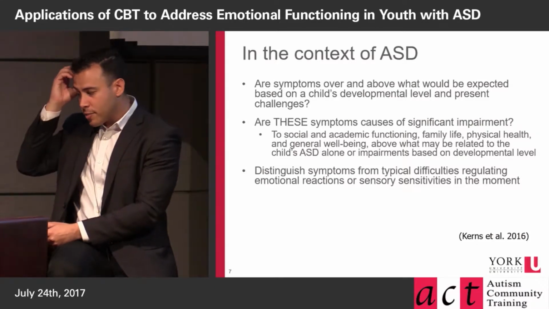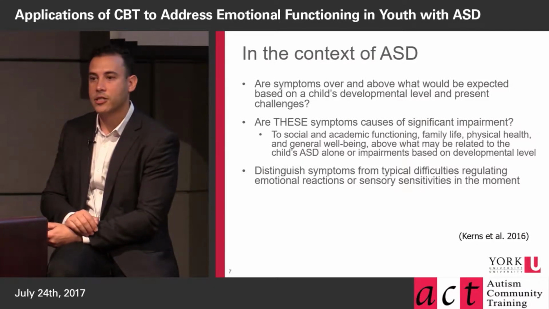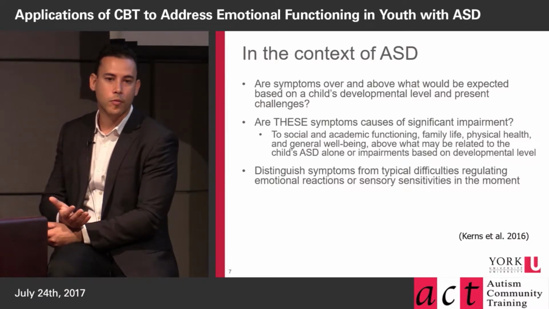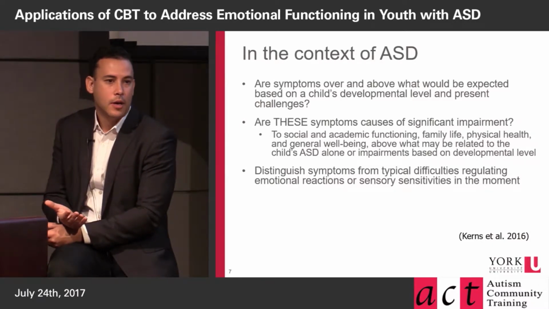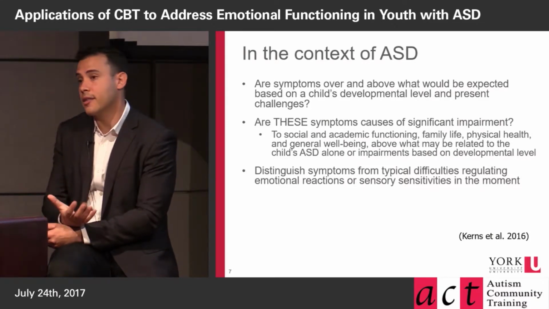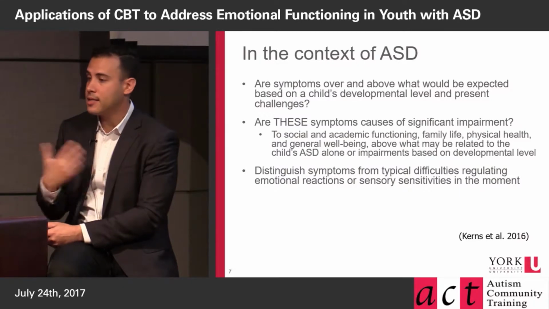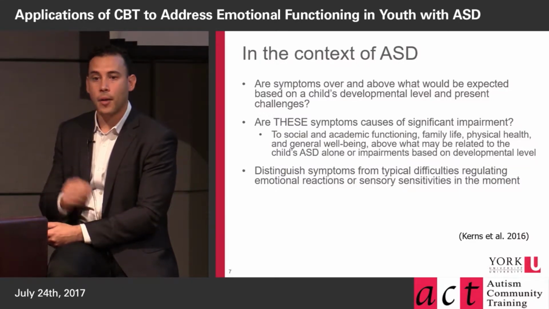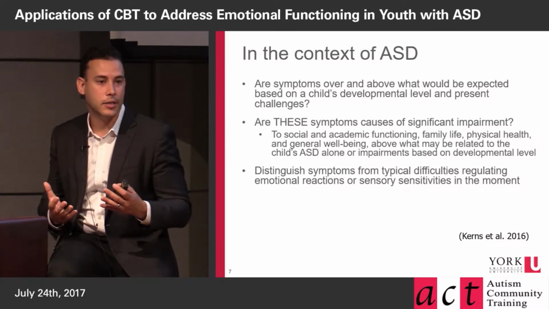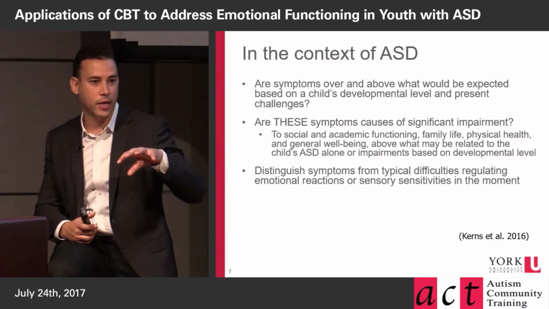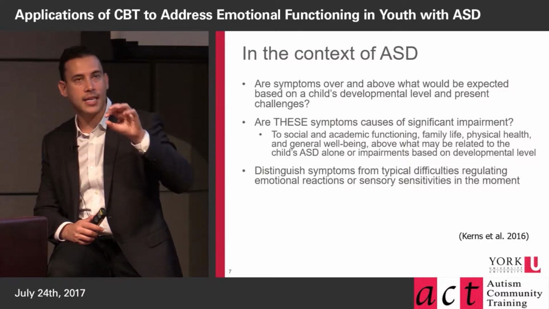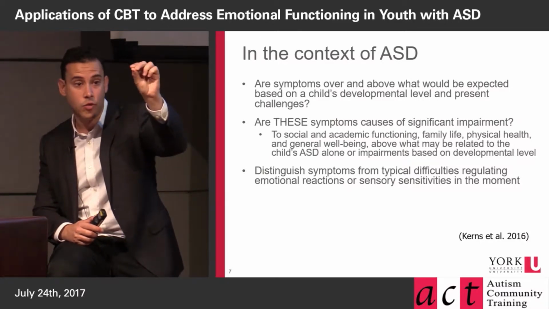Can you distinguish those symptoms from the typical difficulties that child might have in general emotion regulation ability? Some people who are affected by autism are going to struggle, they always have and they always will, with regulating their emotions, right? That might lead them into challenges, but if we can build those skills, then they can maybe handle things regardless of the content areas. That doesn't mean we shouldn't treat or address emotion regulation, but we want to be careful not to see everything as an anxiety disorder per se.